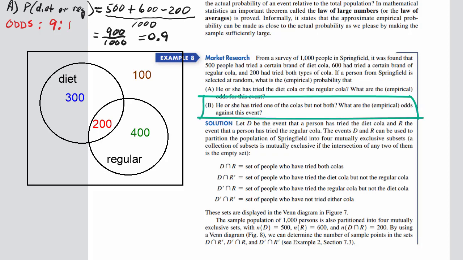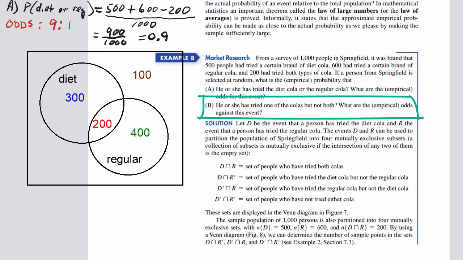Part B is asking for the probability that the chosen person tried one of the colas, but not both. We look at our Venn diagram again. Here's where it really starts coming in handy. I can see that the number who tried diet, but not regular, is 300. And the number who tried regular, but not diet, is 400.